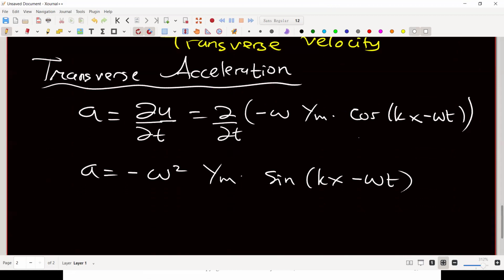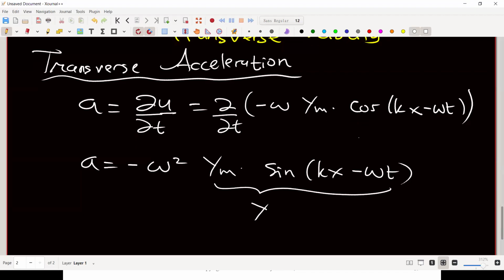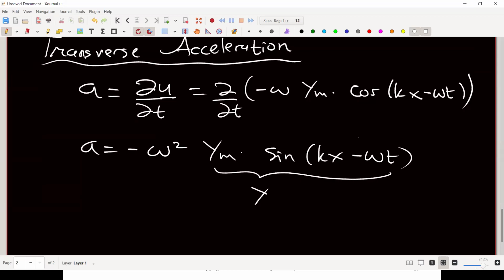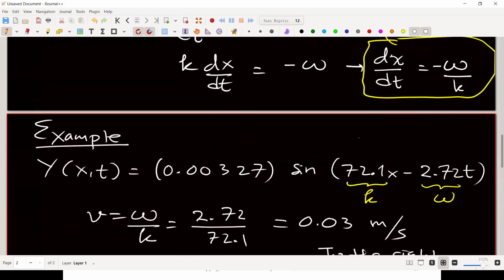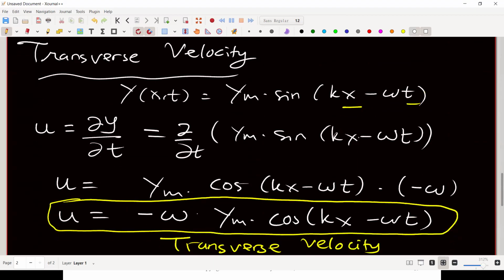This is y, so we can write the acceleration as minus omega squared times y, where y is the position or displacement, from the original equation.